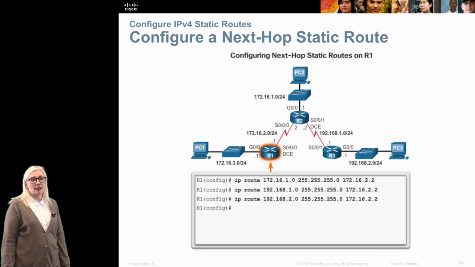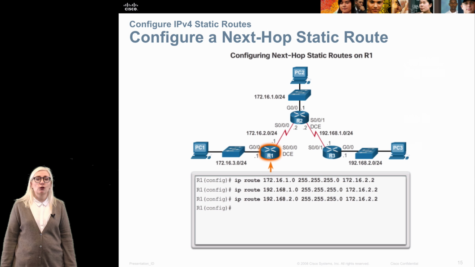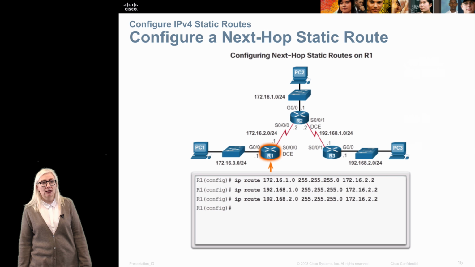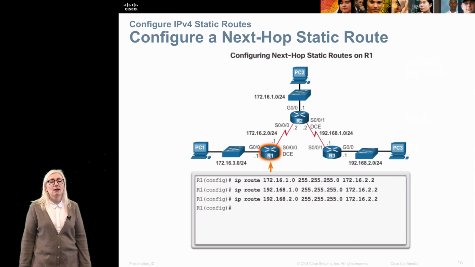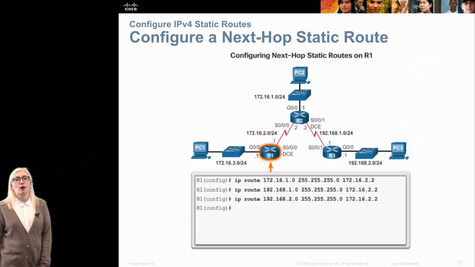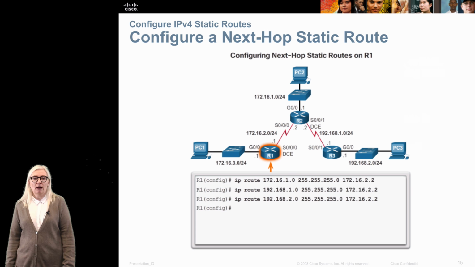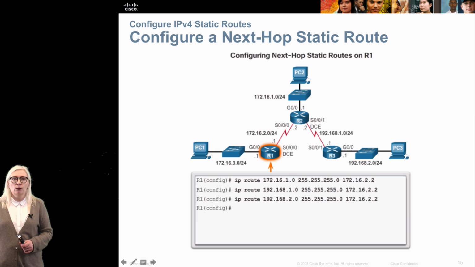And in this case, when I want to make a route to 172.16.10, which is the addresses behind router 2, then I will go to the IP address 172.16.22, which is the IP address of the neighboring router's interface over here, which is connected to the same network as router 1.